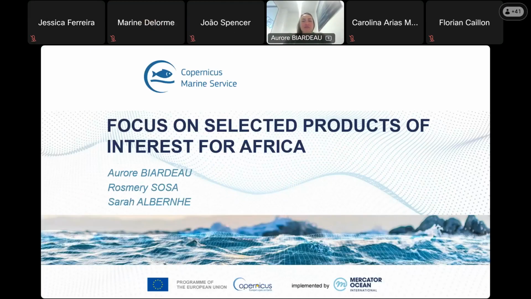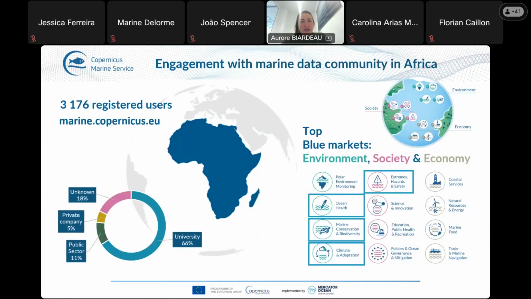So about selected products of interest for Africa. Just a few pieces of information to introduce the engagement with the marine data community in Africa. As of last year, there were more than 3,000 registered users in Africa in the Copernicus Marine Service. Most of them come from universities, but also the public sector, private companies, or others.